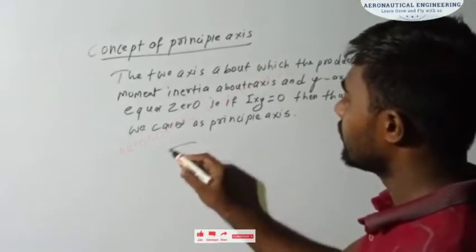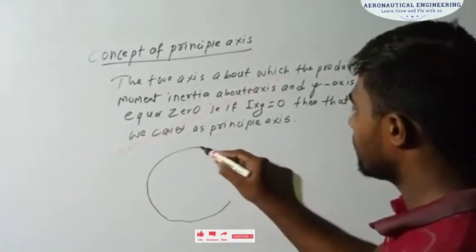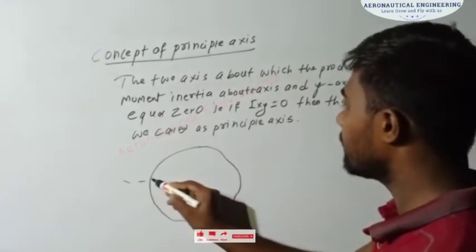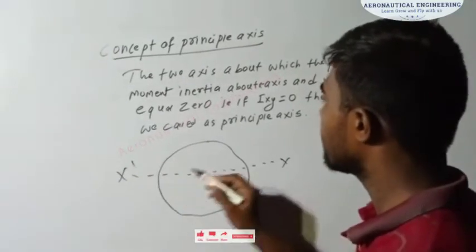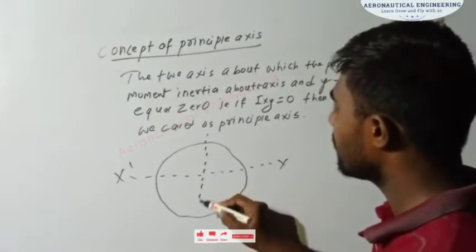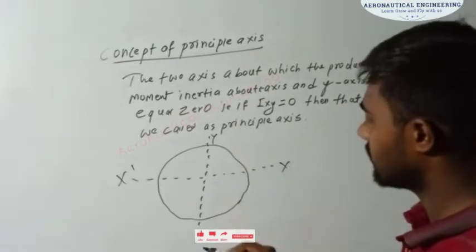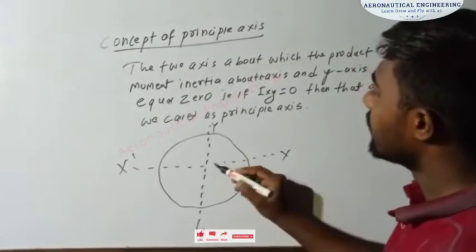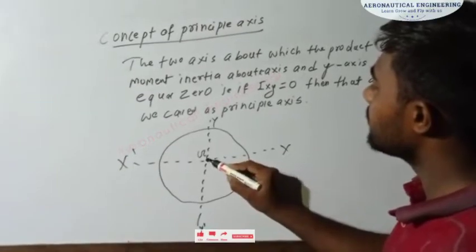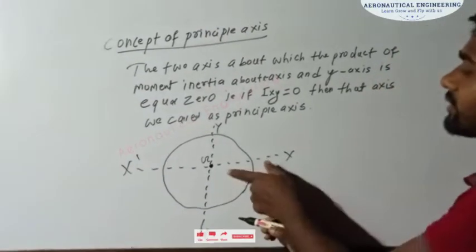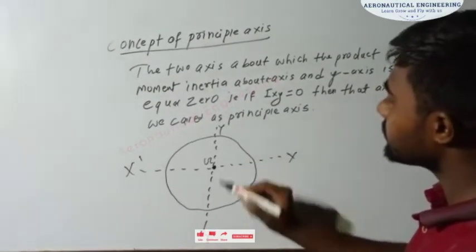Suppose this is a section, and this one is the x-axis and this one is the y-axis. Let's take this point G, the centroidal point for that section.